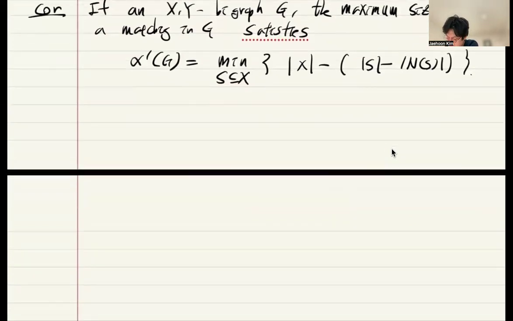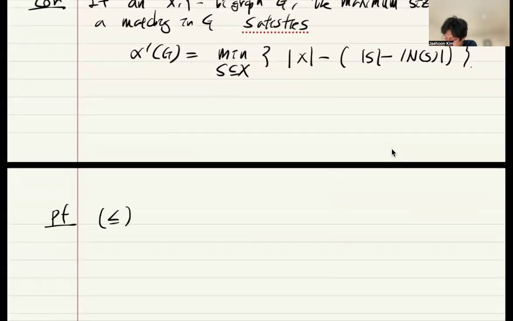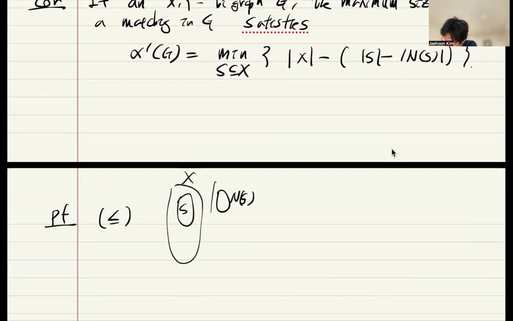So let's prove it. This inequality is easy because if you have S and then N of S, for whatever S you take, and all the edges are going from S to here, then no matter how you take your matching, these red vertices are not going to be matched.